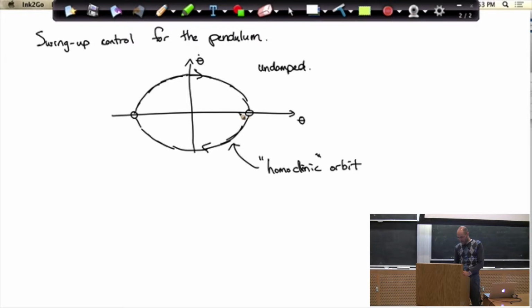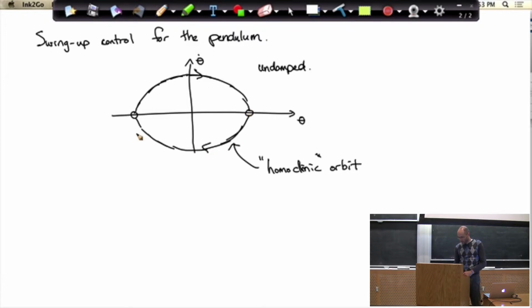If you think of these as two separate fixed points, you might call it a heteroclinic orbit, but that's the same fixed point. That's just rotated around by 2 pi, right? So I think it's right to call it a homoclinic orbit. The homoclinic orbit is the orbit which visits the unstable fixed point. It's deserving of a special name. If I start on this orbit, I will find myself at the upright.